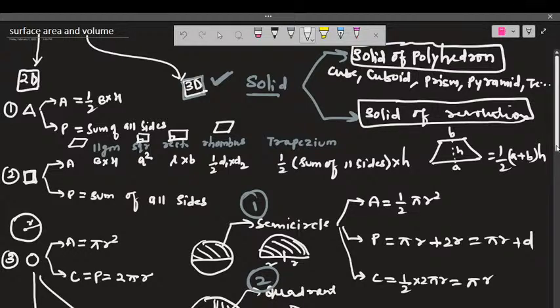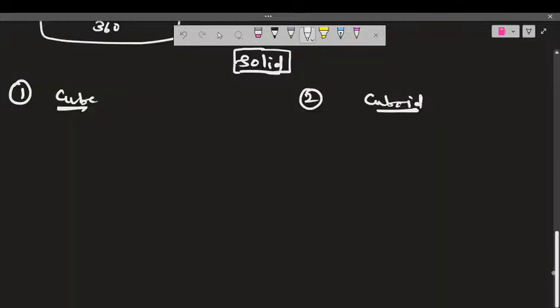Let's start with some of the solids. And the first solid in our discussion is cube, and the second solid in our discussion is cuboid. About these two solids, if we want to learn about these two solids, the first thing to understand is its shape.